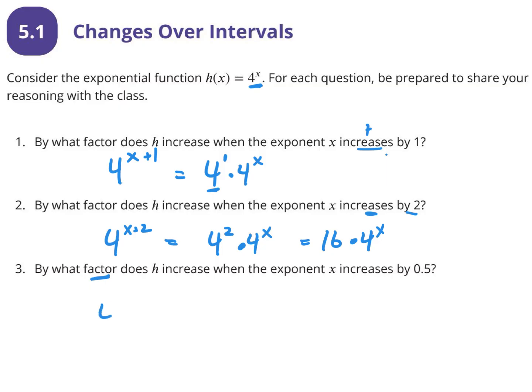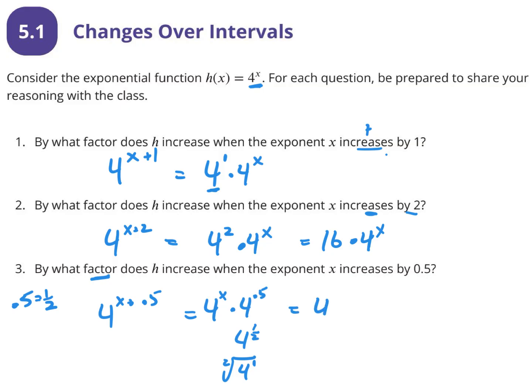Now, 4 to the x plus 0.5, and we know that 0.5 equals 1/2. So this equals 4 to the x times 4 to the 0.5, or 4 to the 1/2, which equals the square root of 4, because the denominator is the index on a radical and the numerator is the exponent.